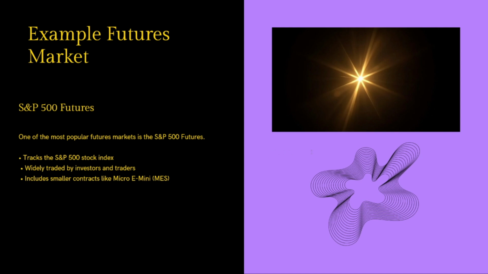So when traders are trading MES or ES, they're essentially trading the price movement of the overall stock market. If the market goes up, traders who bought can profit, and if the market goes down, traders who sold can profit. So, for example, the S&P 500 futures price moves from 5,000 to 5,010. That movement represents an opportunity for traders who correctly predicted that direction.